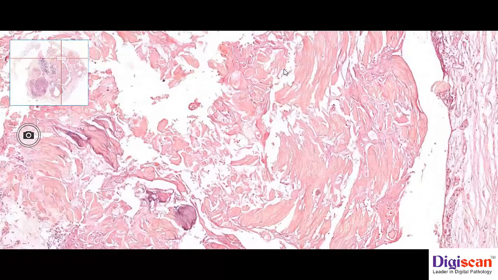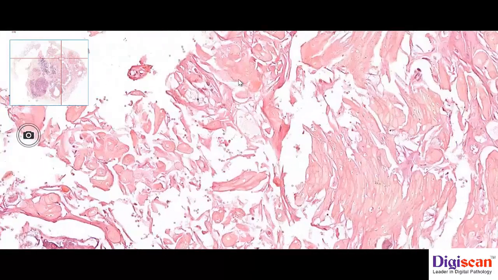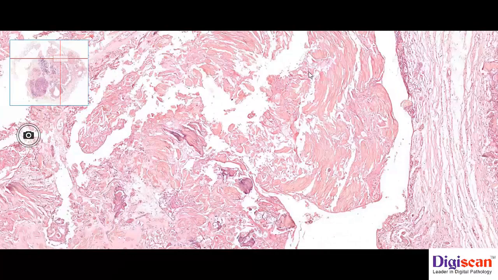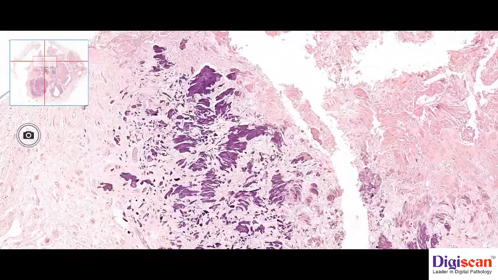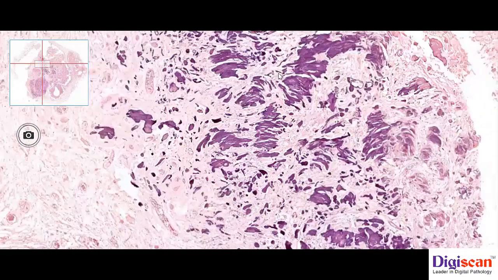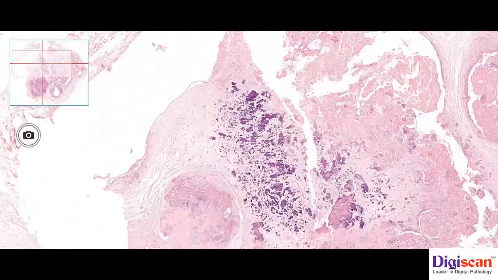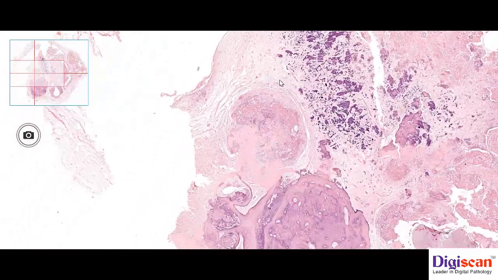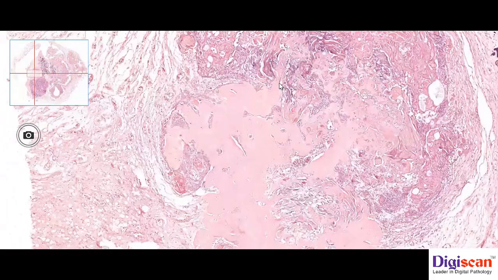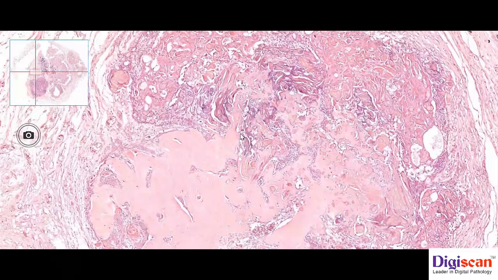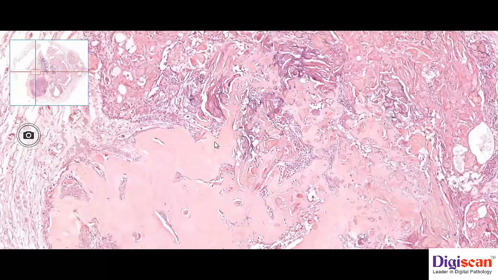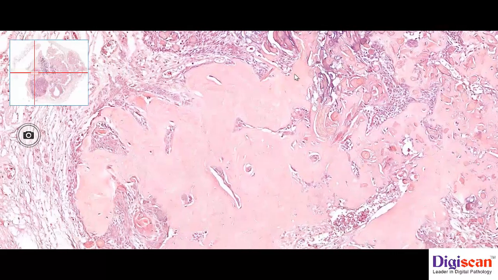Again, we have collections and masses of dentinogenic ghost cell tumor. And then we have calcification, massive calcification of the tissue of the ghost cells. We have the ghost cells here, and then we have the formation of dentinoid material.